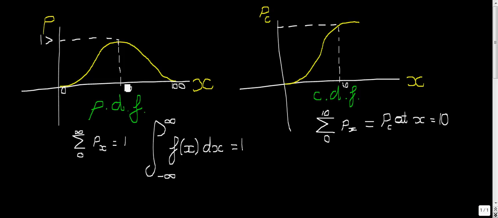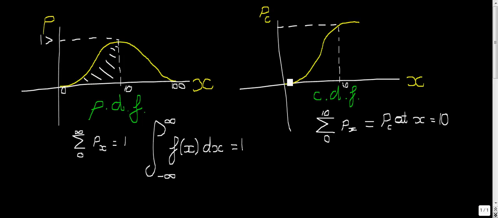So what we've done to go from a PDF to a CDF is, instead of just taking a specific reading at 10, we've taken readings from all points below 10 and added them up. That is, we found the area between negative infinity and 10.